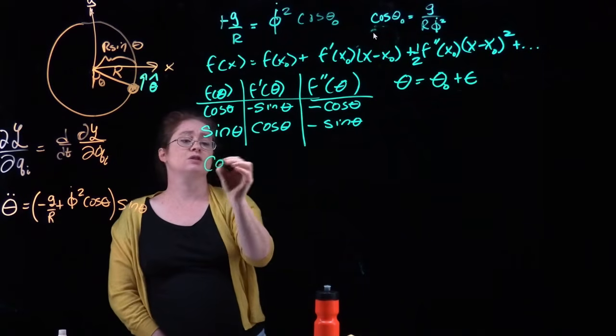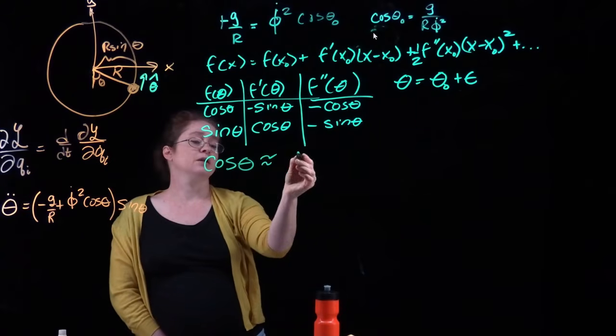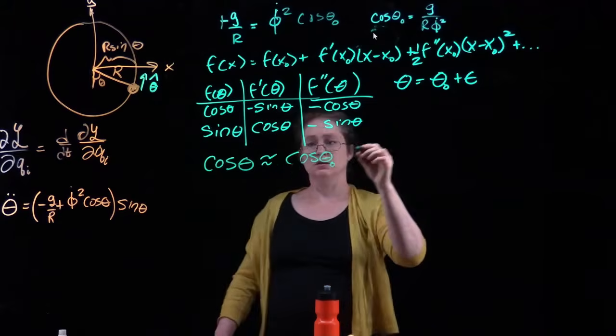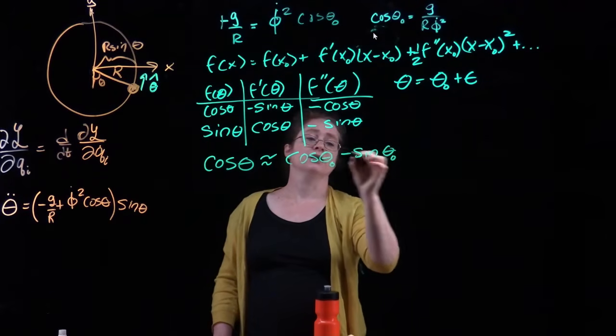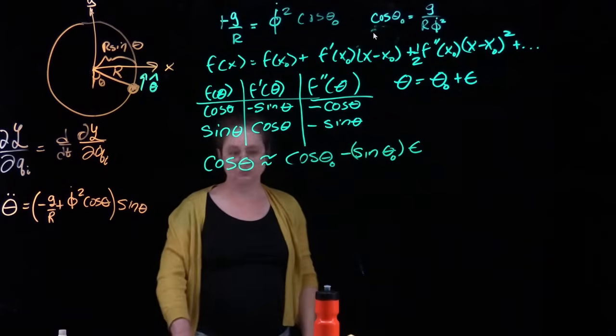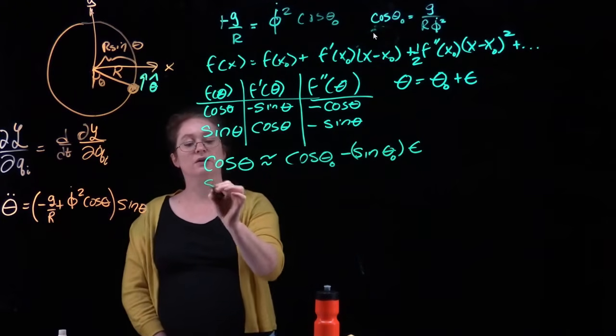So cosine theta is approximately cosine theta naught minus sine theta naught times epsilon. First the function and then its first derivative.